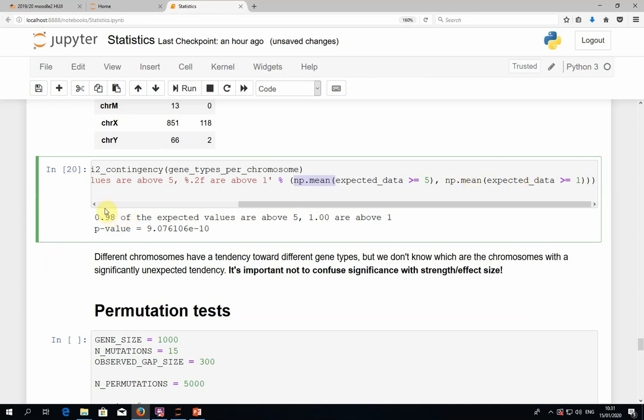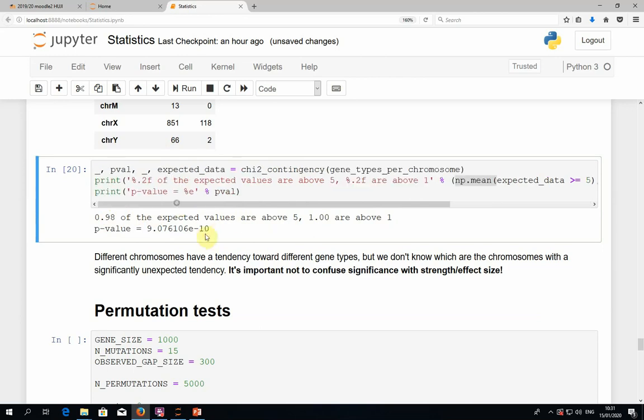And you can see that 98% of the values are above 5, and 100% are above 1. Again, I remind you, it's the expected values, not the observed values. So we actually have the rule of thumb which we spoke about met here, and it's valid to use the chi-square test. And we get a p-value which is very significant.